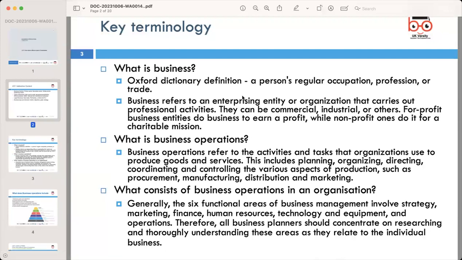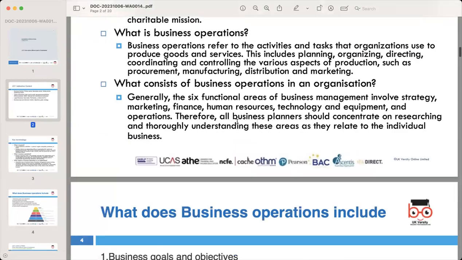Any questions so far, if anyone is there? Okay, so it is crucial for business planners to thoroughly research and understand these areas as they pertain to the specific businesses they are involved in.